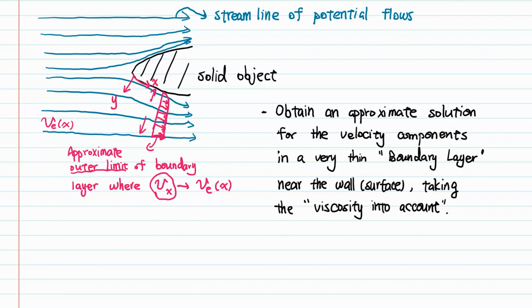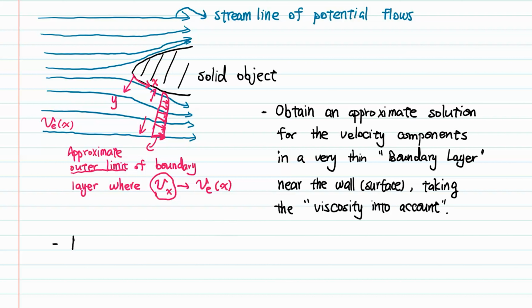And then the second bullet point is what? To describe the thickness of the boundary layer, what we need to do is to figure out the thickness where the solution of the potential flow velocity matches the velocity that's described within the boundary layer. So that means at the outermost boundary of the boundary layer, the velocity will match with the potential flow. So that's kind of like your boundary condition.